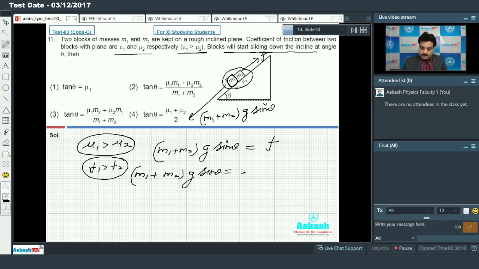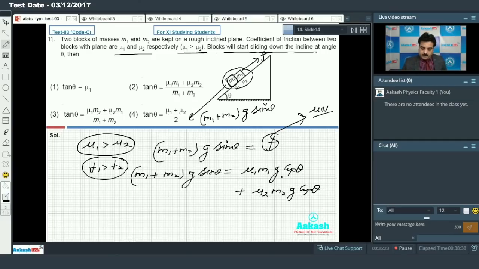So I am going to write the mathematical calculation: m1 plus m2 into g sin theta, and the force of friction is given by mu1 m1 g cos theta. I would repeat, friction force is calculated by mu N, and N is equal to m1 g cos theta for m1 and m2 g cos theta for m2. So we'll write mu1 m1 g cos theta plus mu2 m2 g cos theta.